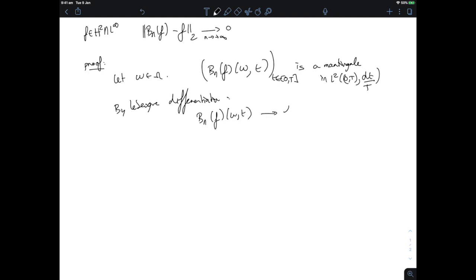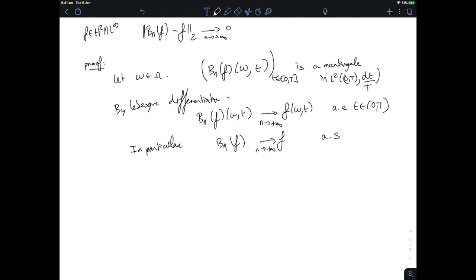This has to go to F of omega, t for almost every t in 0 to capital T. All right, so we have this pointwise convergence for fixed omega and almost every t. So in particular, we have pointwise convergence in omega and t. So Bn of F tends to F almost surely as n goes to infinity.